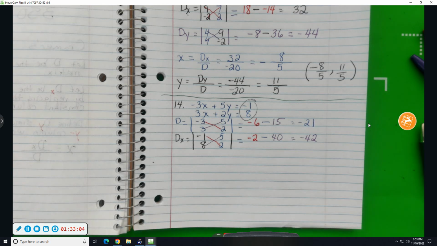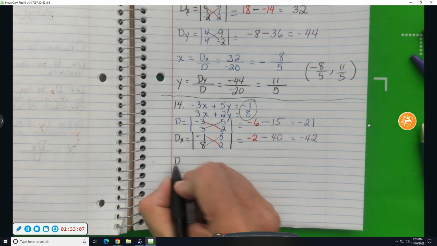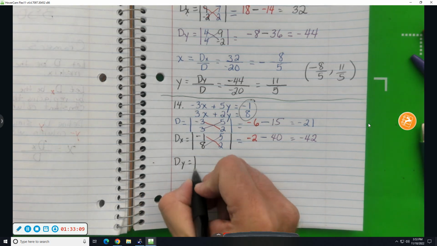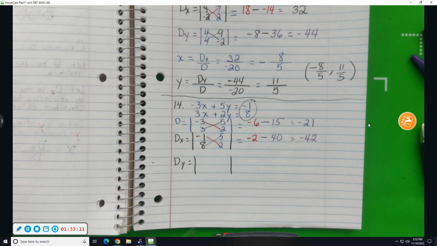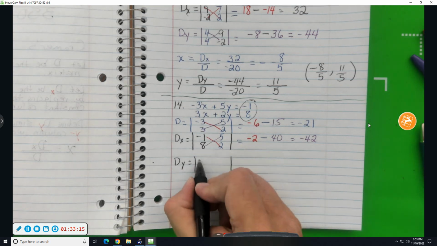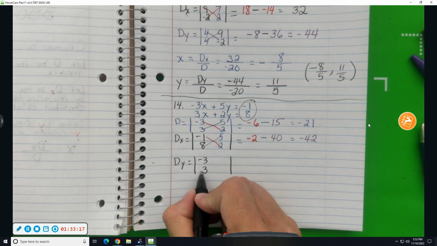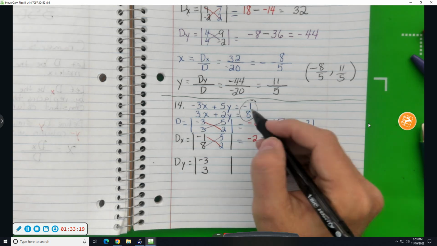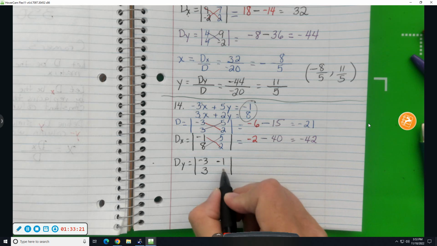So x is 2. Go ahead and find y. Leave the x's alone, and replace the y column with -1 and 8.